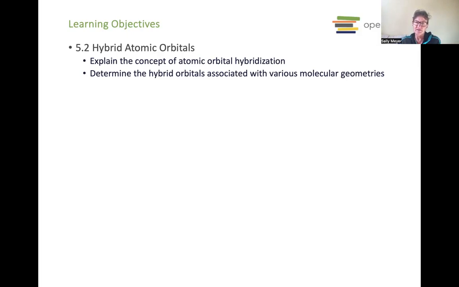But hybrid orbitals are a theory that help us understand and explain the true geometries of molecules. So our objectives will be to understand these, and then also to think about which hybrid orbitals are associated with different geometries.